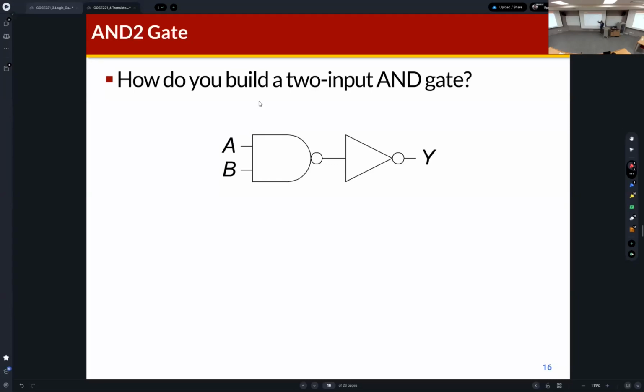So we cannot directly build an AND gate from basic MOS transistors. We need to combine two logic gates. We first need to build a NAND gate using CMOS transistors, and then the output of the NAND gate is connected to the inverter.